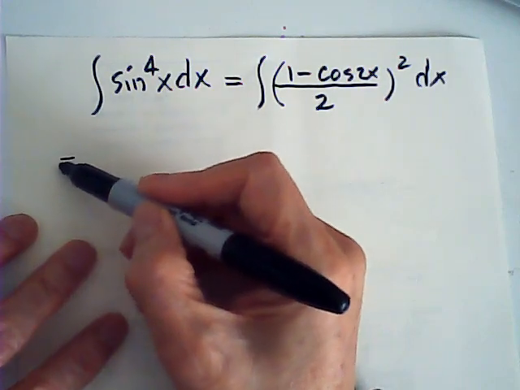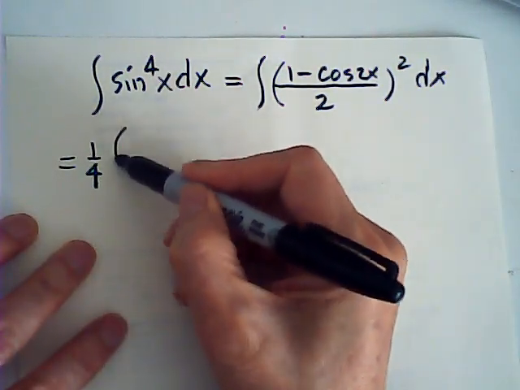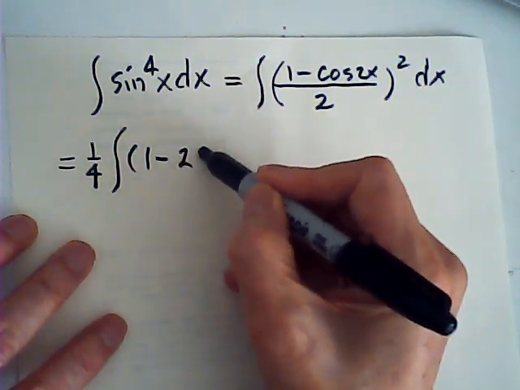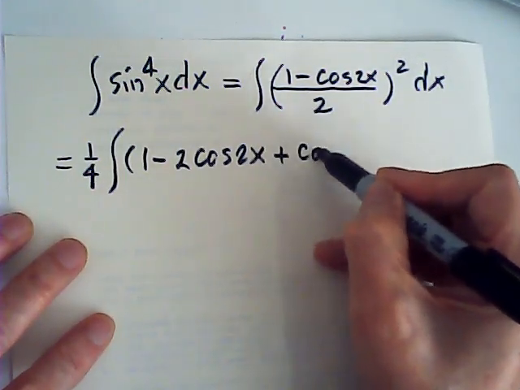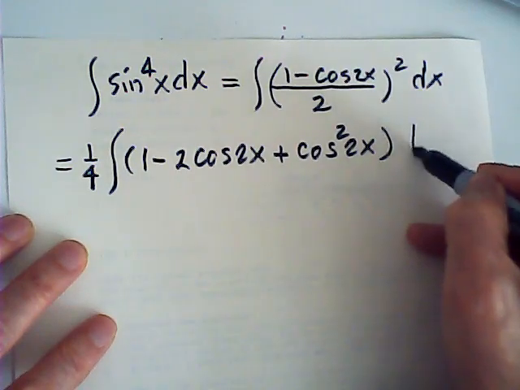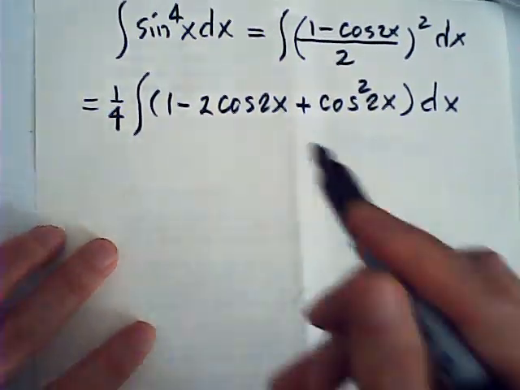So this one equals 1/4 integral of 1 minus 2 cosine 2x plus cosine square 2x dx. Okay, so far so good.